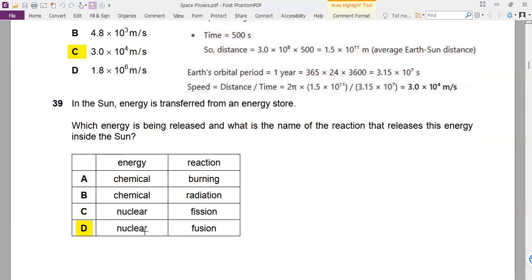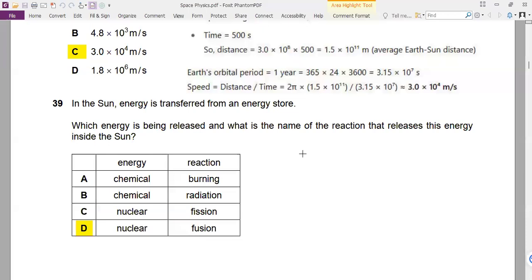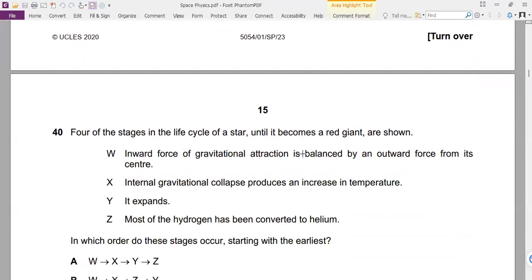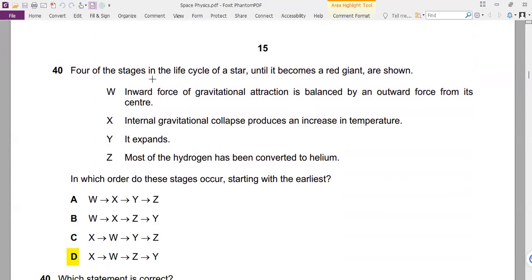Energy is from nuclear reaction and it is due to fusion. So these are from the knowledge of star formation again, and you can read through the text.